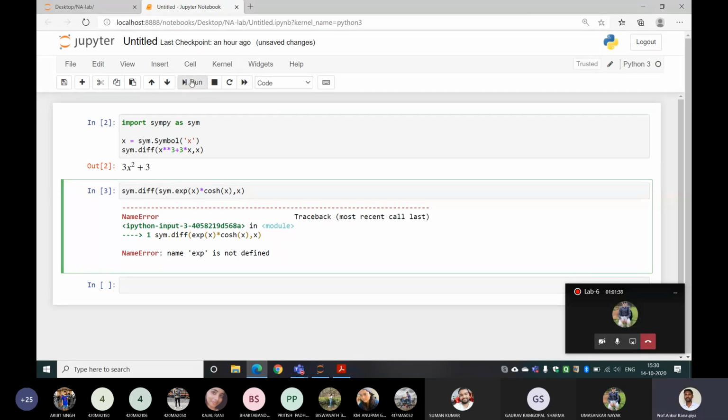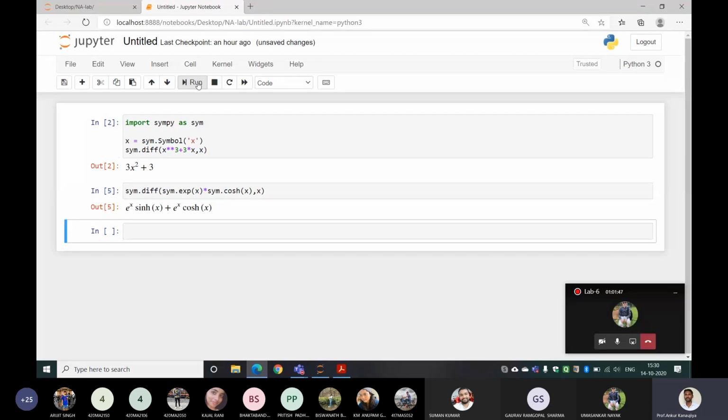Let me run and see what it is giving. Now it is saying the cos hyperbolic is also not defined, so sym.cosh. It is giving the answer; just check whether it is correct. This is the differentiation of e to the power x into cos hyperbolic x. The reason for not using NumPy, that means np here, is that this is not a number.